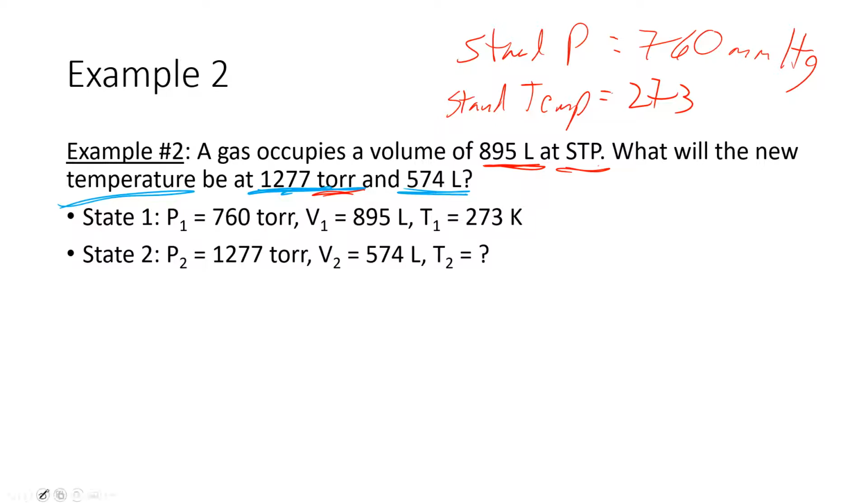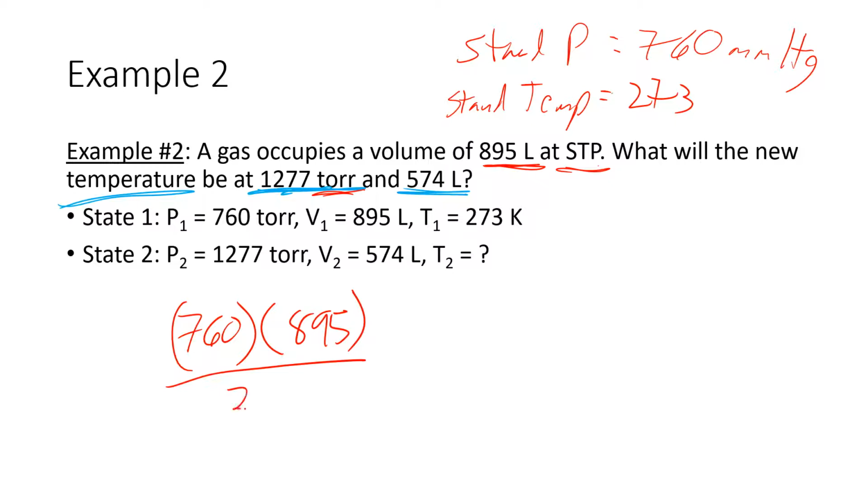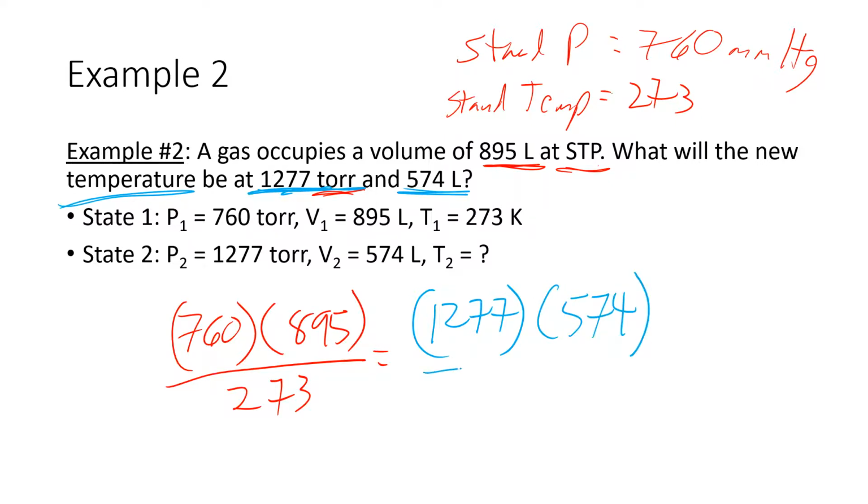So when you set this up into that equation, it's going to be 760, your P1, 895, your V1, divided by 273, your T1, and that's going to equal your P2, which is 1277, your V2, which is 574, and then your T2, which is your X, basically. So you're going to do that math, and you're going to get a temperature equal to, let's do this real quick, I guess, because I didn't have it all done.